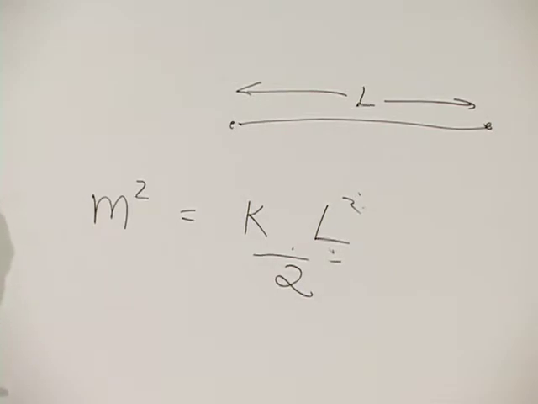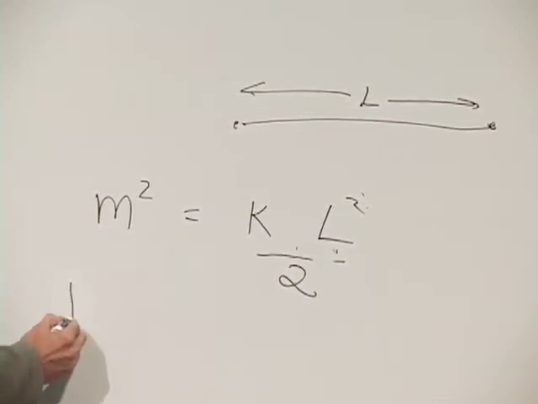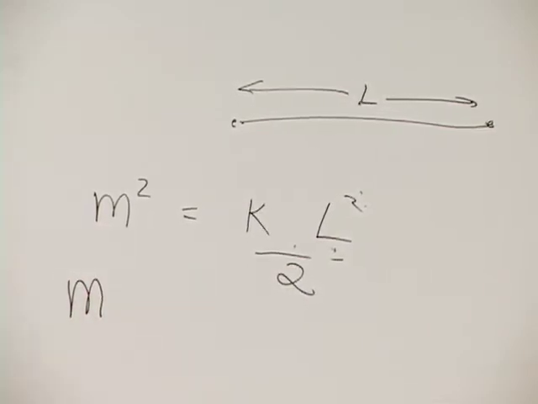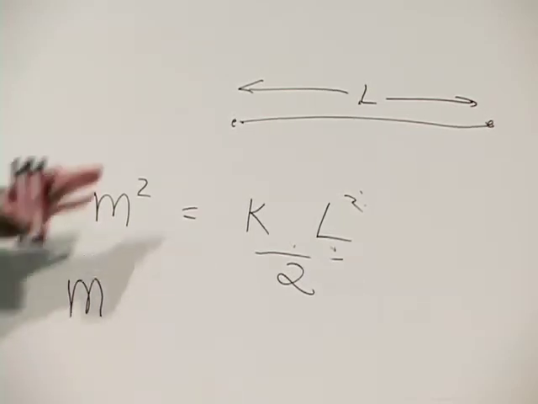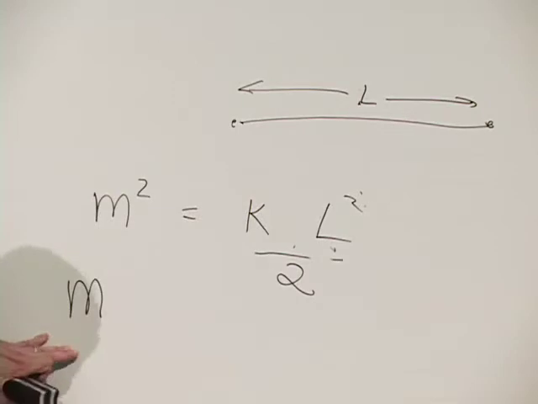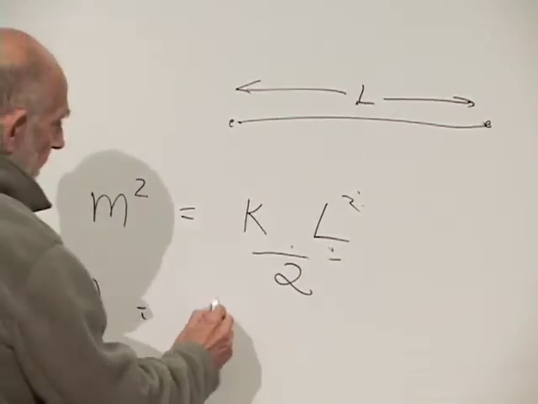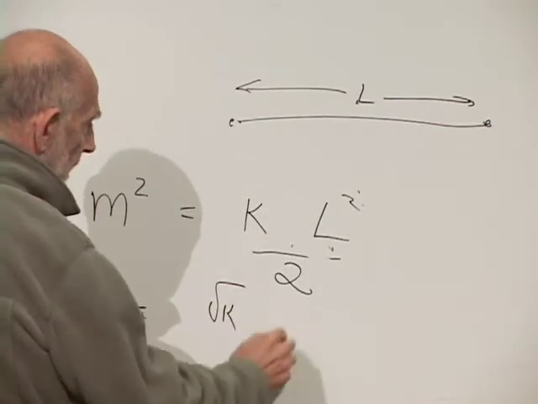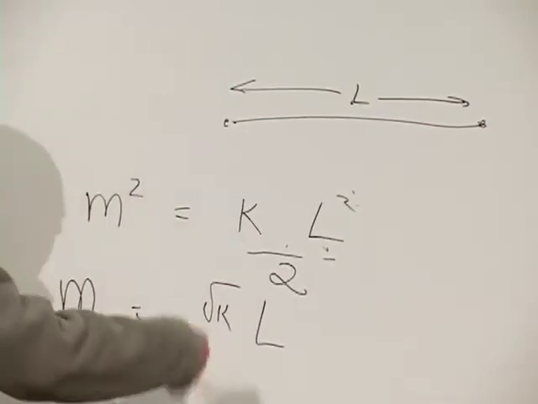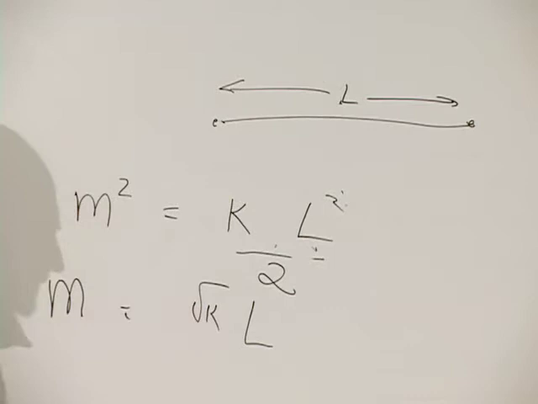That spring constant I'll just call K. It says that the mass of the string, in the frame in which the string is at rest, that mass is the usual energy. That's going to be the square root of that spring constant times L, perhaps divided by the square root of 2. I'm not interested in square roots of 2 now.